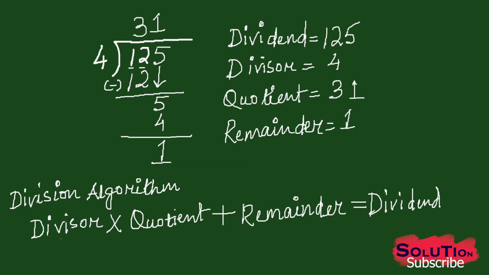In our example, we have divisor as 4 and quotient is 31. So let me multiply 4 into 31 and then add the remainder, that is 1.